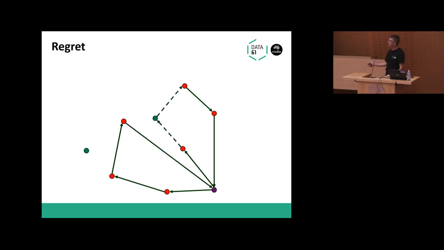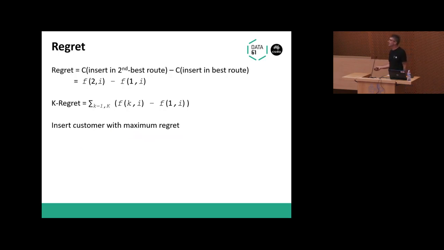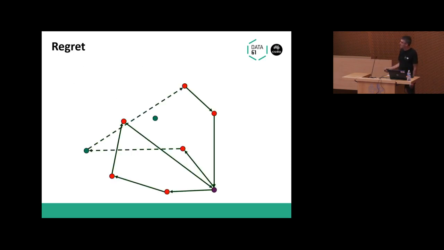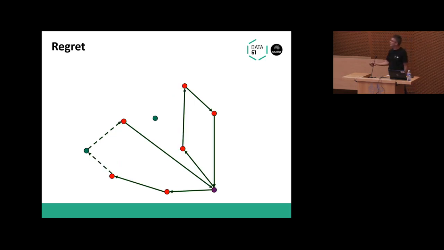They're both actually pretty good. This guy, I can insert in a nice position there, or it would be a really horrible one if I was forced to insert him in that other route. And so the idea is that I will make sure that this customer gets the most preferred route.